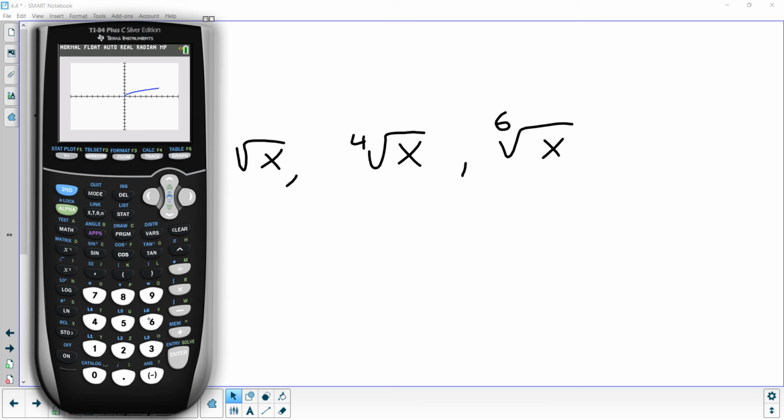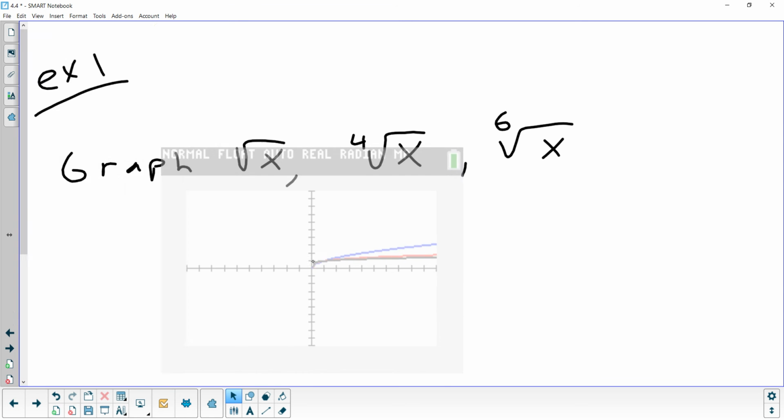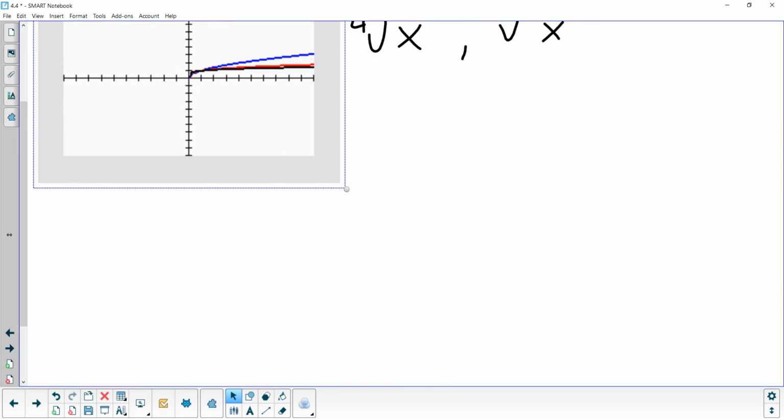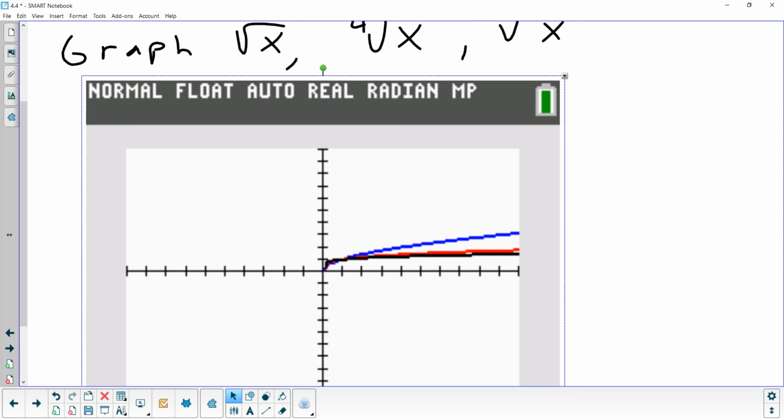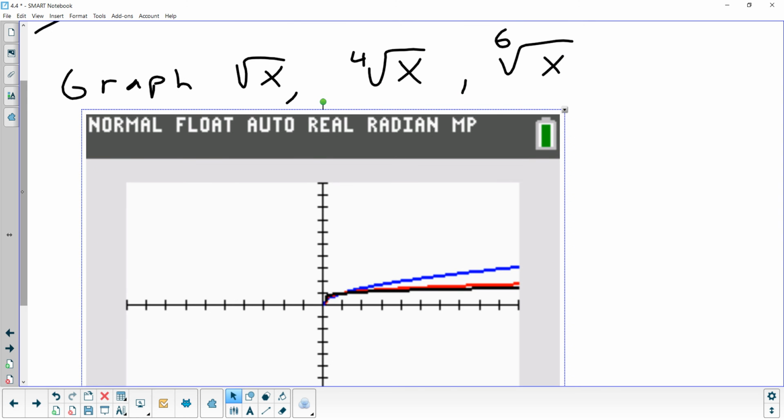We might need to zoom out or change our window a little to see what's happening. And I'm going to put it on the screen and make it a little bigger. All right, so I think you can pretty clearly see, I just color coded this. That was the blue, this was the red, and this one was the black.